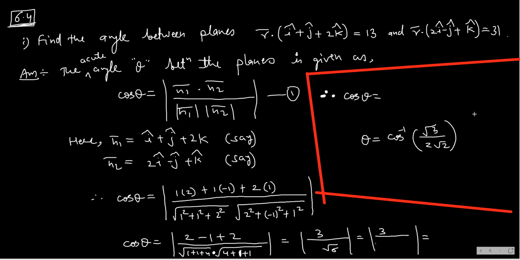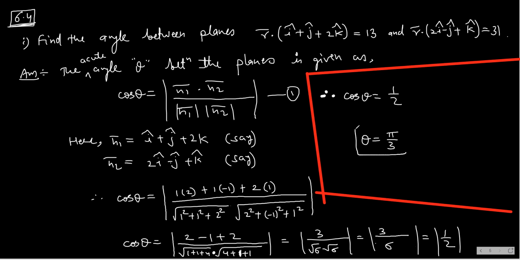So the answers will change here. Root 6 into root 6 is 6. So this is 1 by 2, so mod of 1 by 2 you will have. And cos theta is 1 by 2. So theta is pi by 3 or 60 degrees. Thank you.